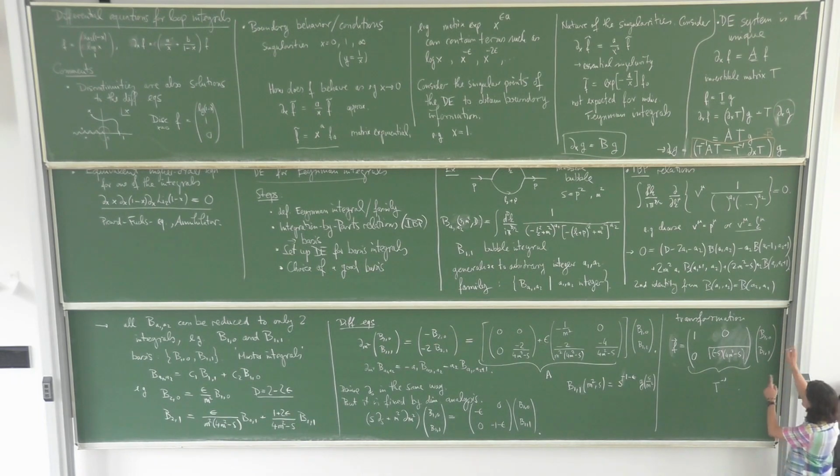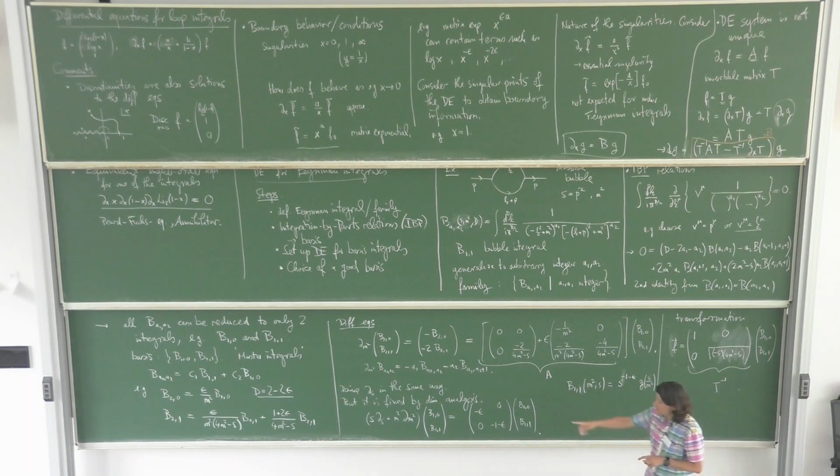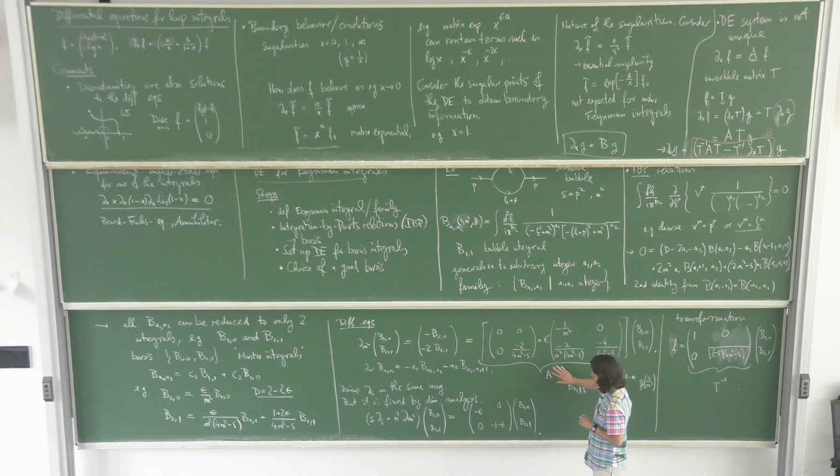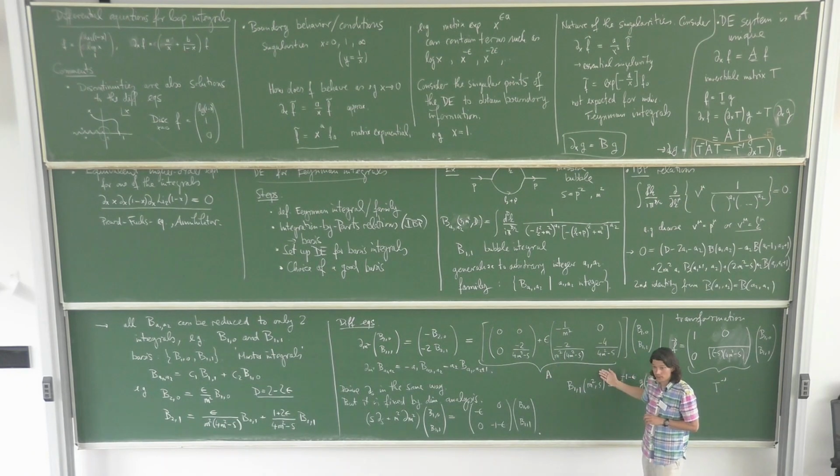The poles only came about over there when we solved for some integrals in terms of other ones. But originally they're really just polynomial in the variables. Then here they become rational functions. So that implies that the differential equations that we write down, as we see put in evidence here by this matrix A, are really just rational functions.